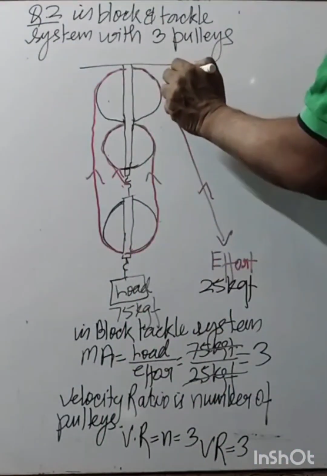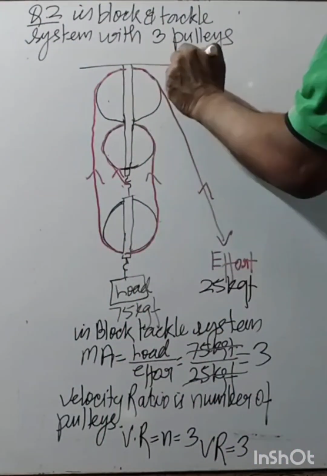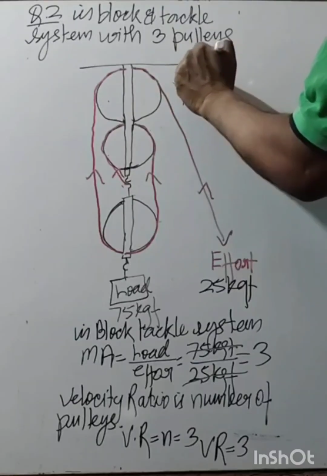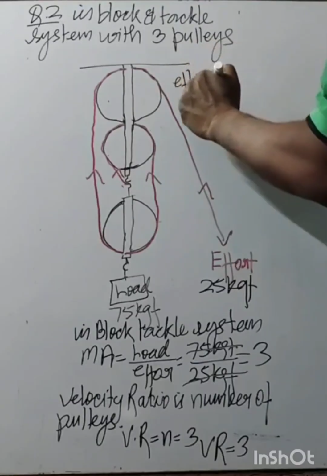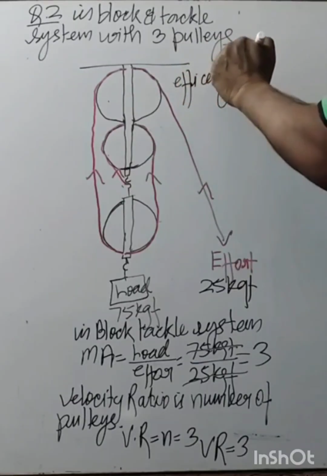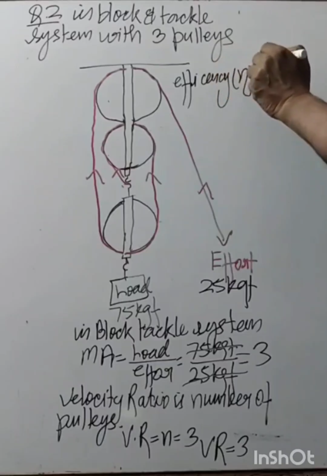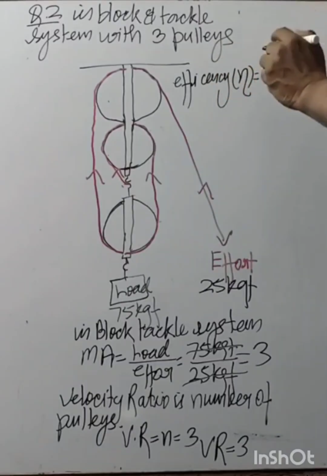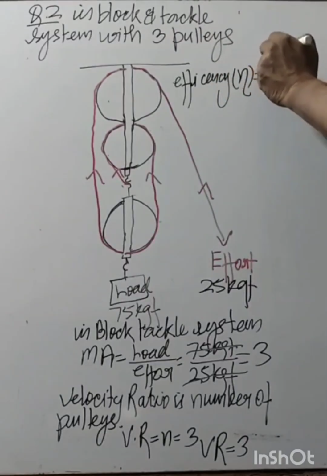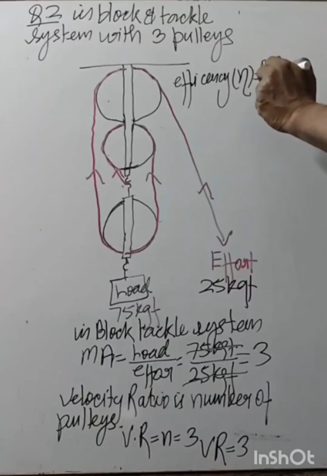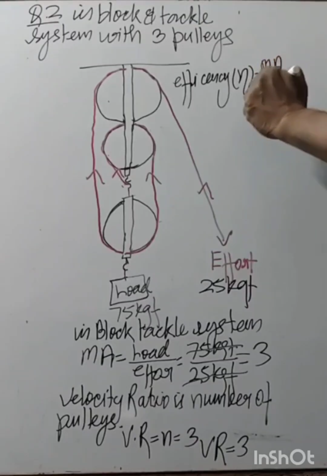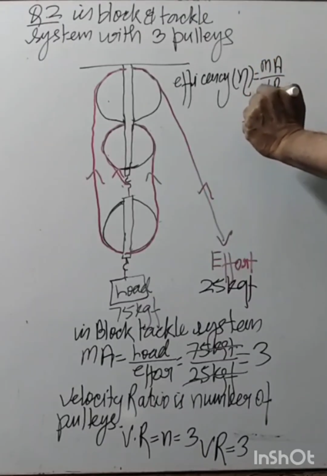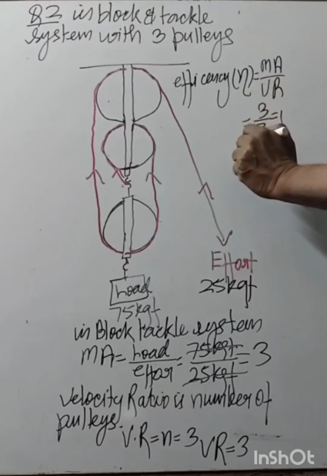So efficiency, that is eta, is equal to mechanical advantage upon velocity ratio, that is 3 upon 3 is equal to 1.